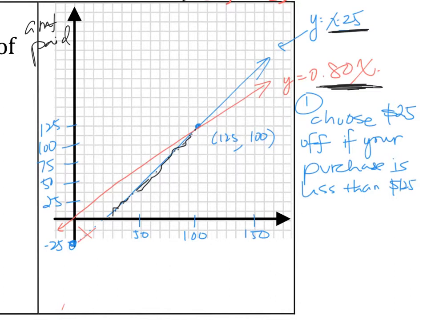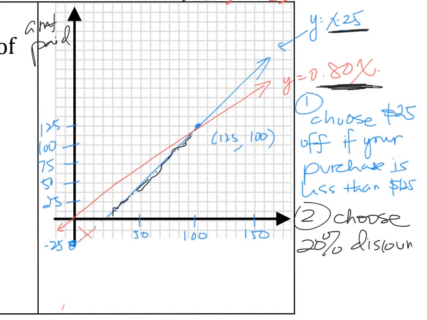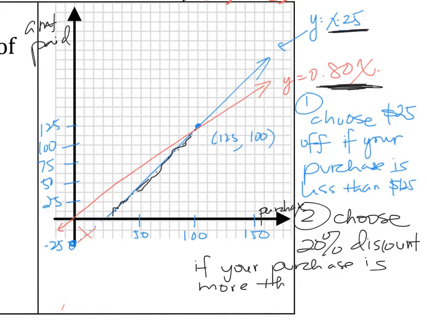On the other hand, you should choose the 20% discount if your purchase, remember the x-axis is the purchase, is more than $125.